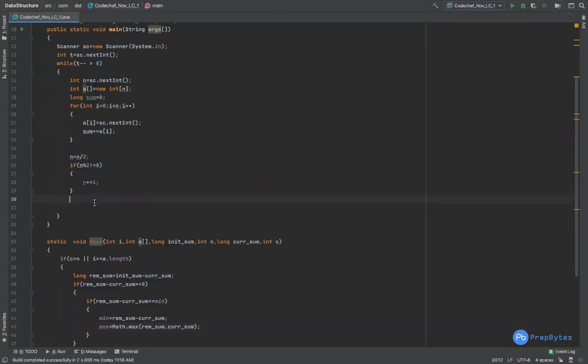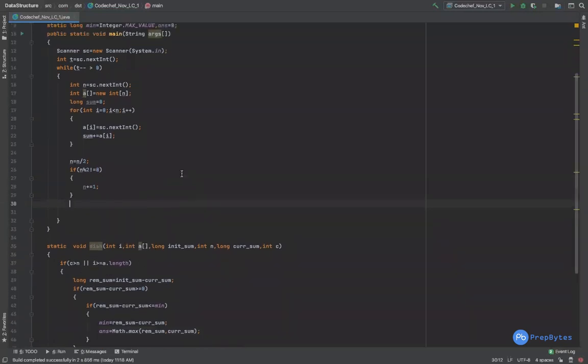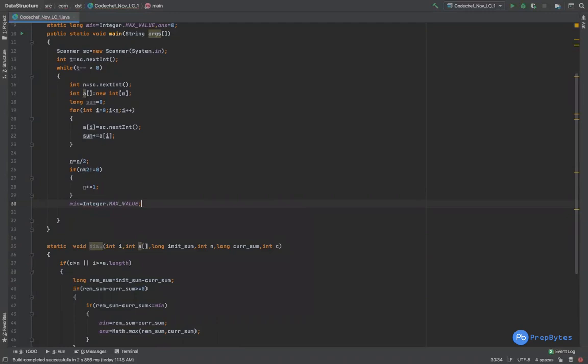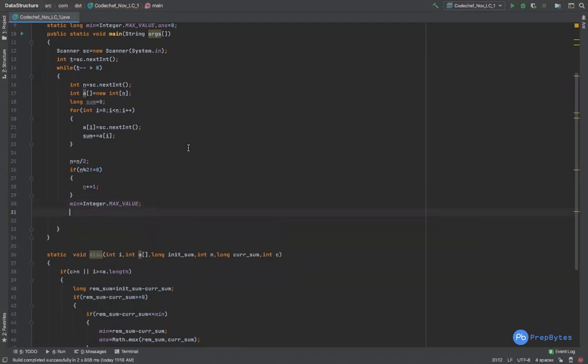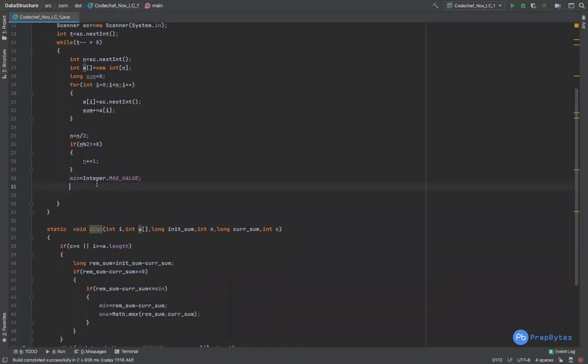Now before calling this function, we will again initialize min with integer dot max value, because for every test case, if I do not change it before recursion, then if there is more than one test case, the min value will have changed and will not be integer dot max value.